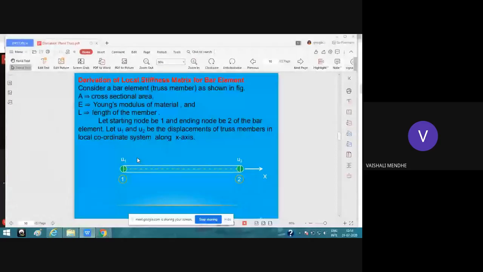Derivation of local stiffness matrix. Okay, now I'm changing this. Can you see the second slide? No, ma'am.